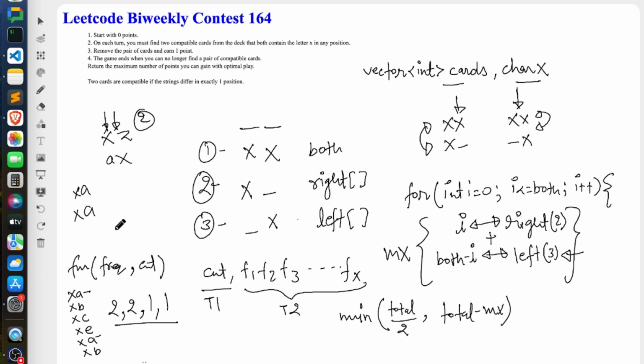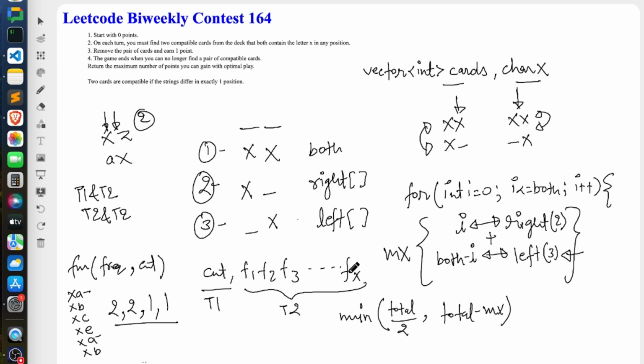So we can form a compatible pair with either type 1 and type 2, or type 2 with type 2, but they must be different type 2 cards, right? So it means that we cannot form a compatible pair with xa and xa. That is why I store the frequency of each unique card.